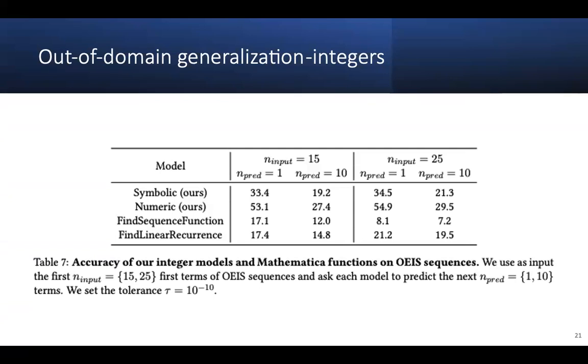You can see that the symbolic model, when predicting the next element, succeeds in 1 case out of 3. So that's disappointing. We're far from the 92%, but still it's way above whatever chance level would be. The model still can manage that. Interestingly, the numeric model works better than the symbolic here. And the reason is that the model was trained on recurrent sequences.